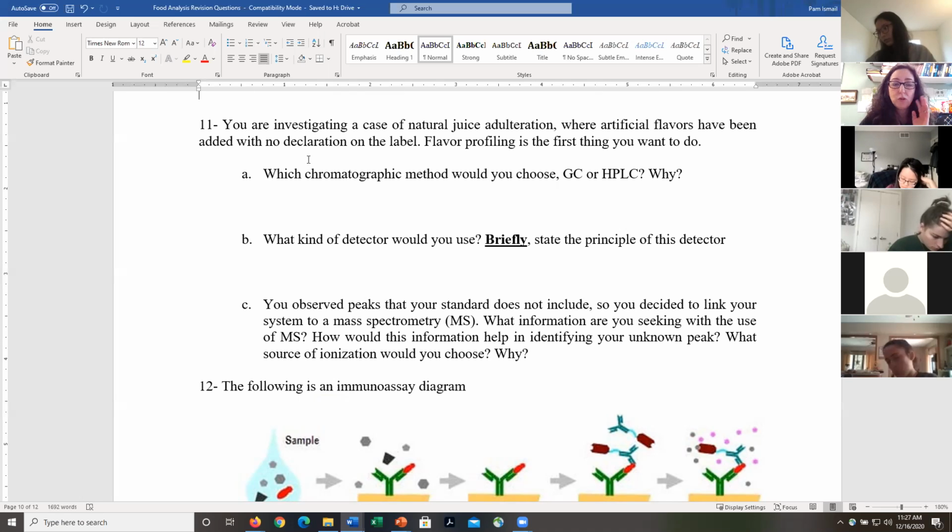Just remember that you generate a hydrogen flame. When your sample, the volatile sample, reaches the flame, it gets ionized. And then there is a potential that is directed to the flame. And then the change in current is correlated with the concentration of the ion or the sample concentration.